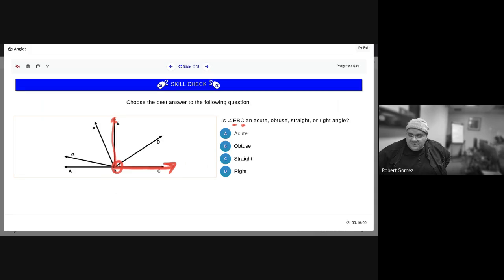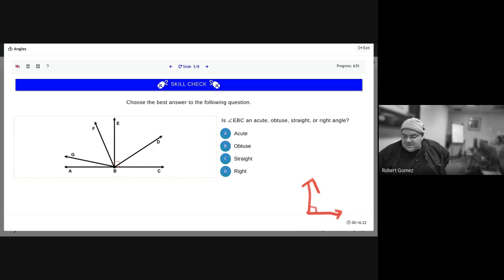So just make sure, and I think I skipped one by accident because we didn't talk about right angles. If you go into this lesson, just know that this is a right angle right here.